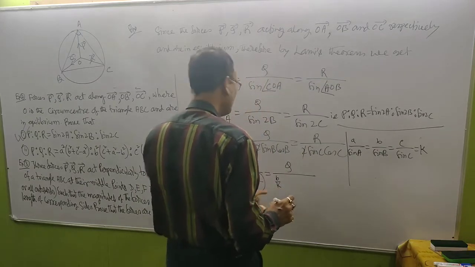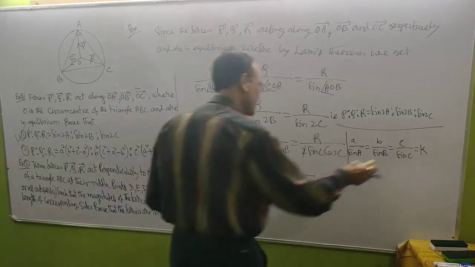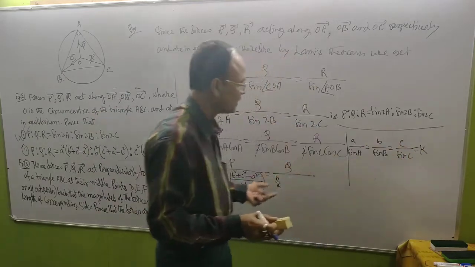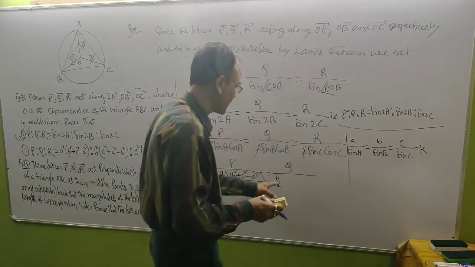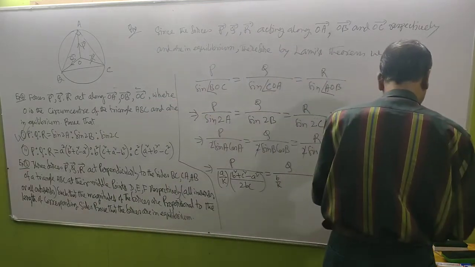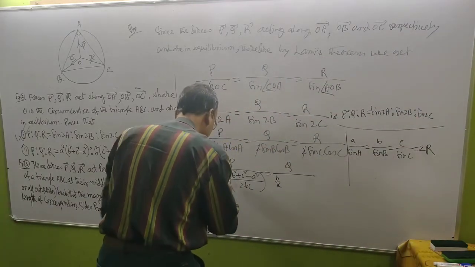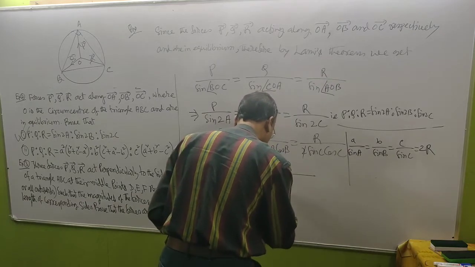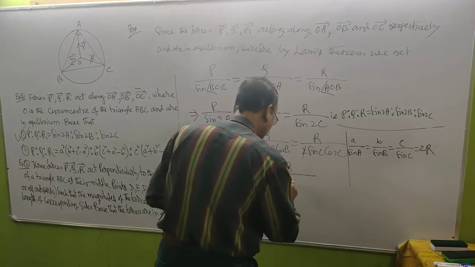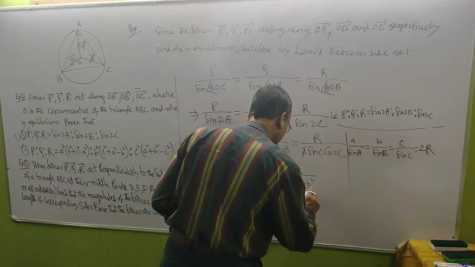Actually, b by twice R, you may write twice R also. This twice R will be cancelled. You may write twice R, you may write K also. Here already R is there, therefore I am writing K. Then you may write twice R also. A by twice R. B by twice R. Cos B means c square plus a square minus b square divided by twice ca.